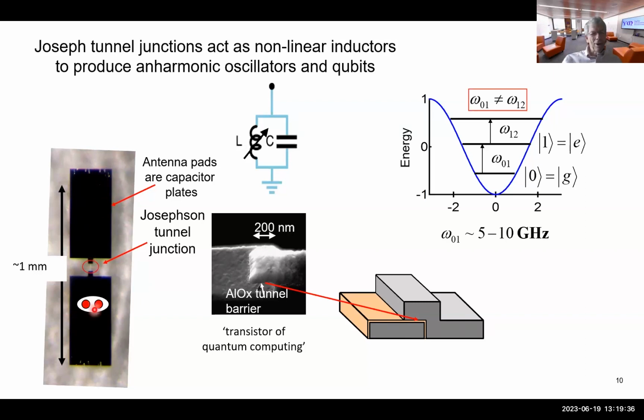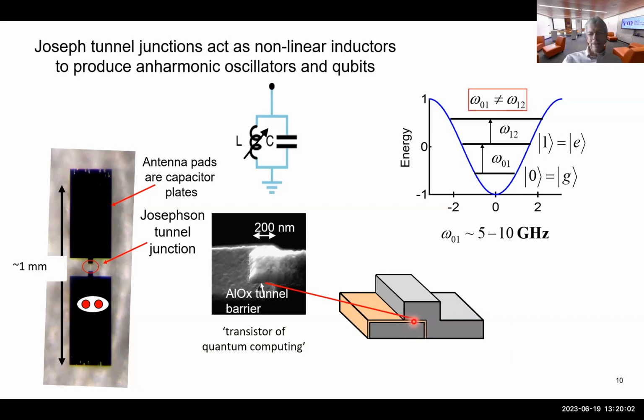This is a large object visible to the naked eye, about 1 millimeter in size. And then the Josephson junction is a very tiny object, just a couple hundred nanometers on a side, in which you have aluminum superconductor, an aluminum oxide tunnel barrier a few nanometers thick, and then another piece of aluminum.